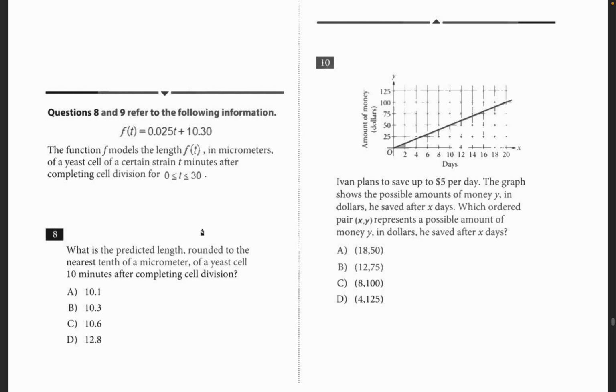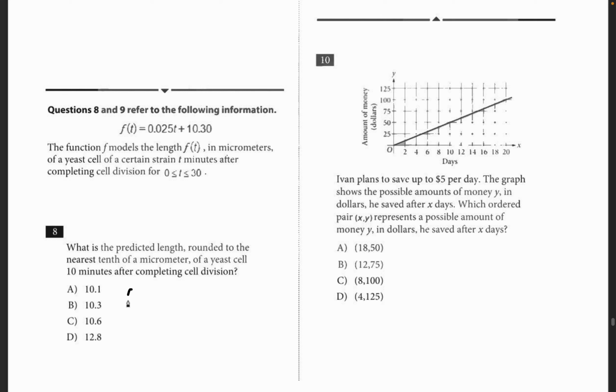Number 8. The function f models the length in micrometers of a yeast cell of a certain strain t minutes after completing cell division, 0 is less than or equal to t, which is less than or equal to 30. What is the predicted length, rounded to the nearest tenth of a micrometer, of a yeast cell 10 minutes after completing division? So plug in f of 10. f of 10 is equal to 0.025 times 10 plus 10.3.